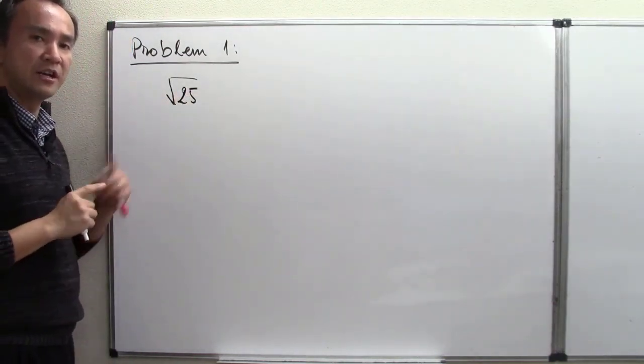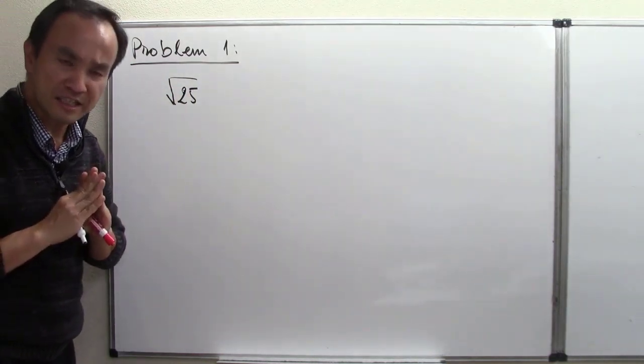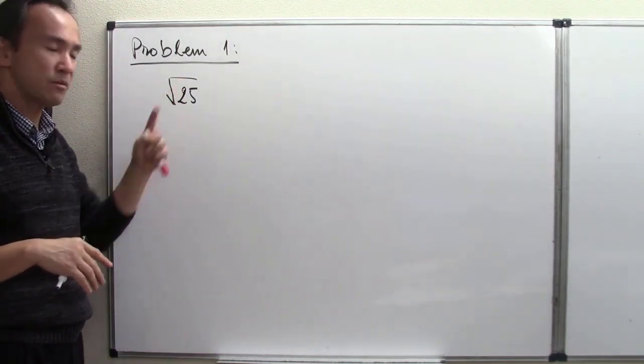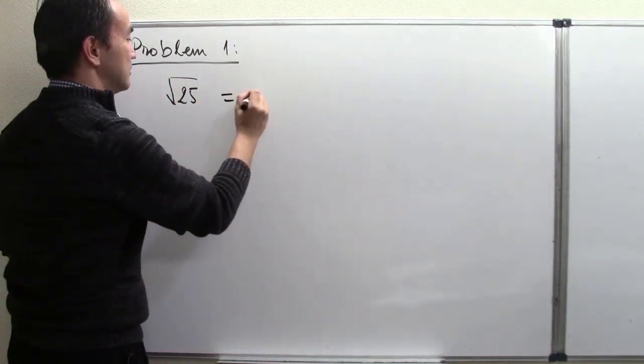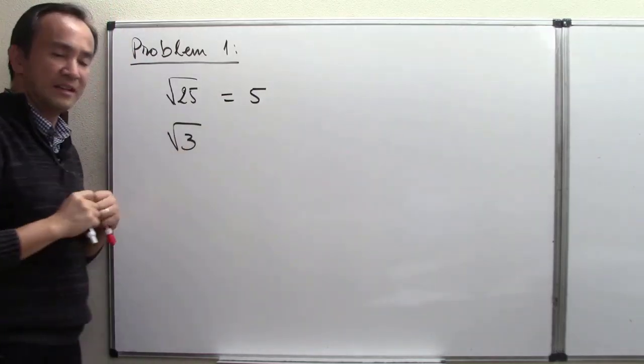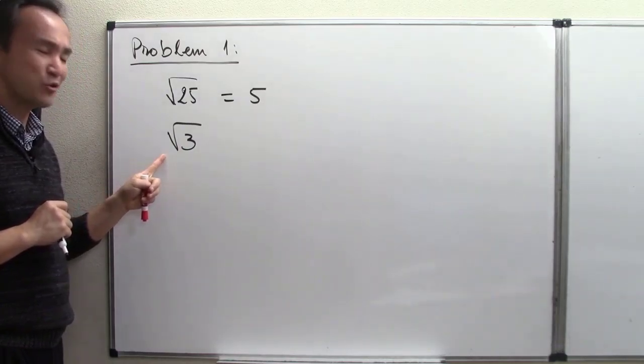In this problem, I'm introducing the square root of 25. It's very easy for anyone viewing this lesson. The square root of 25 comes out to 5. Needless to argue about that. How about the square root of 3? This is where things start to get a little challenging.